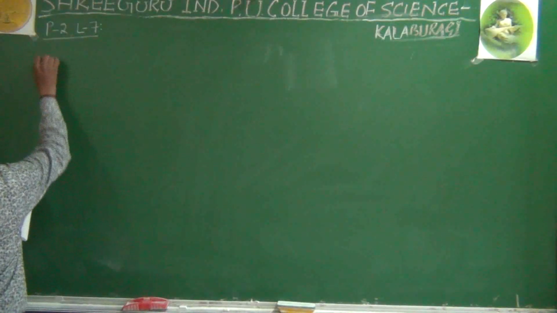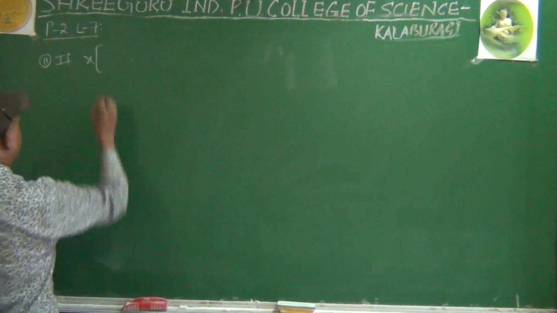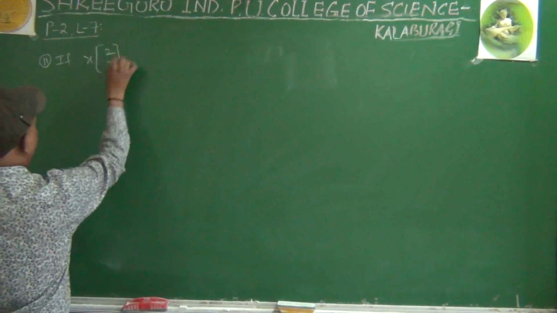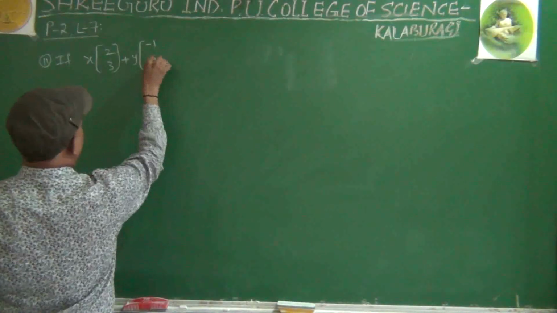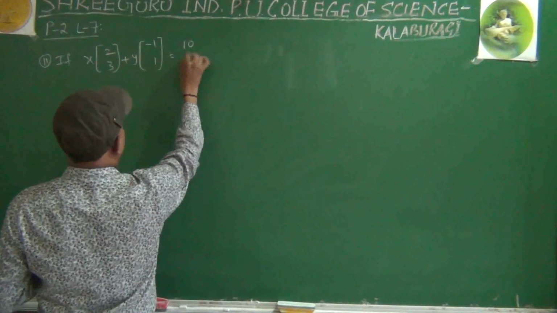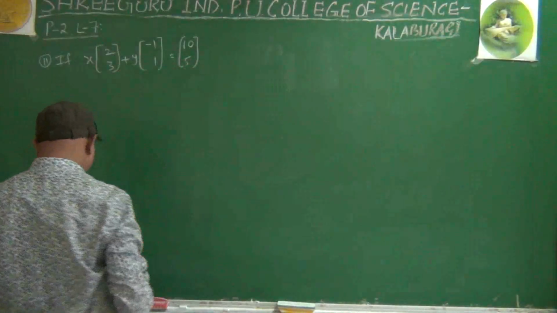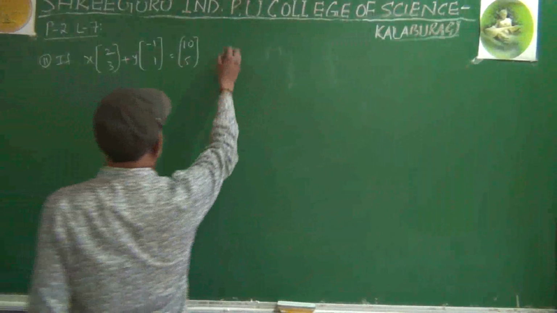Next one, 11th question. If x into 2 3 plus y into minus 1 1 equals 10 5, find x and y.